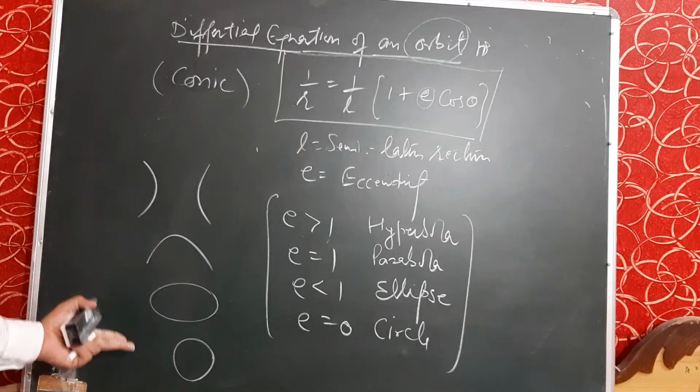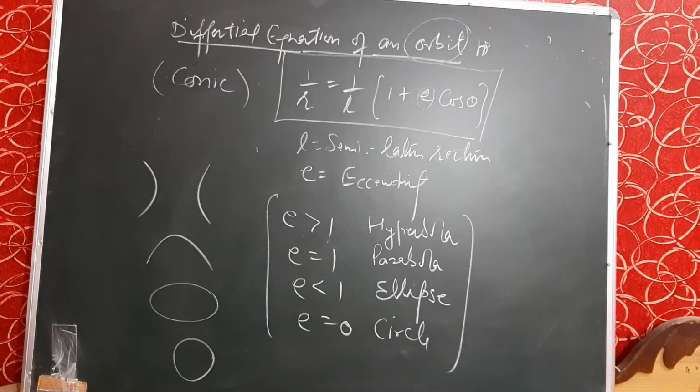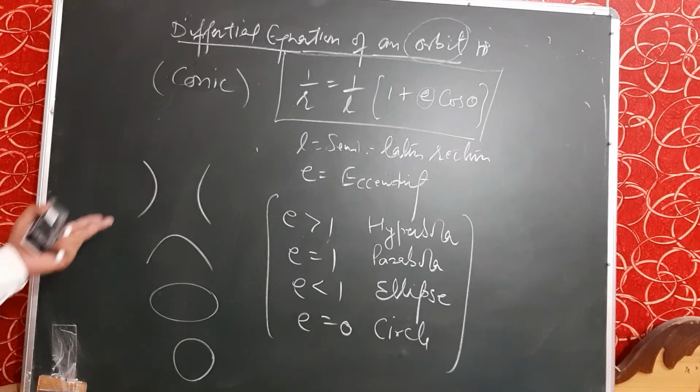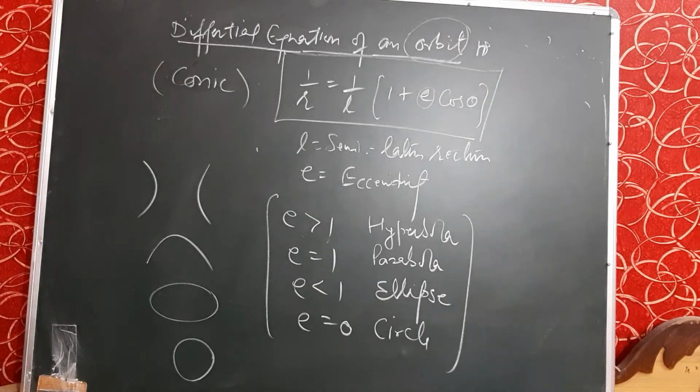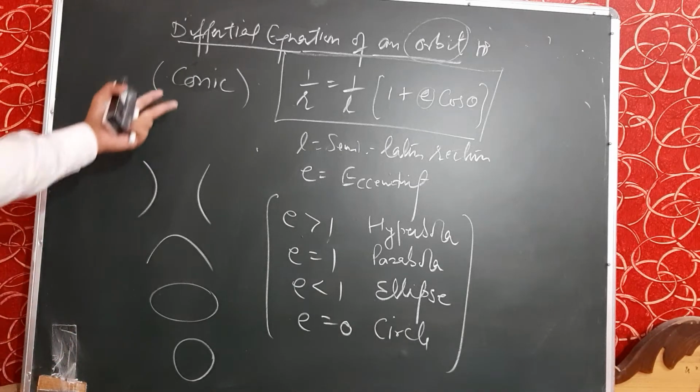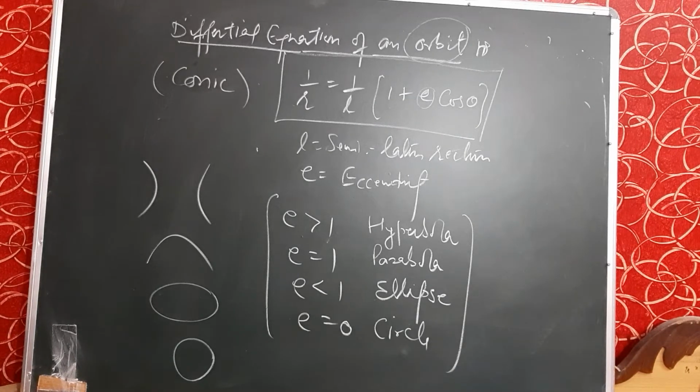So, all these shapes are curved in nature. It means when a particle or body is moving under central force, it always follows a curved path. It will not go in a straight path. So, all these curved paths are called conic paths.